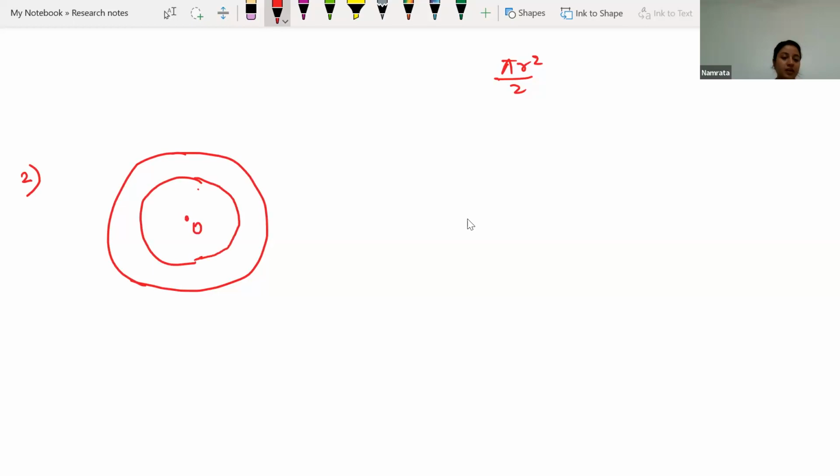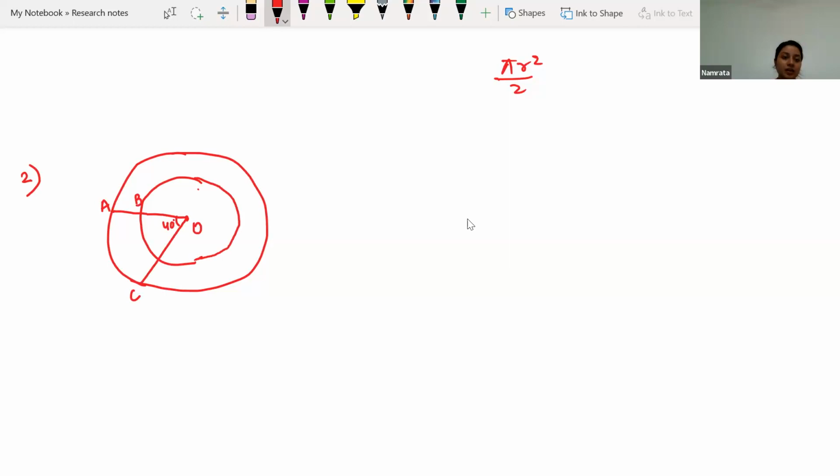This is center O. Here we are having this 40 degree. Here A, here C is there, here B, and here D is there.